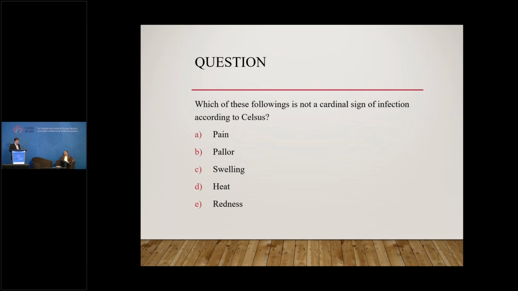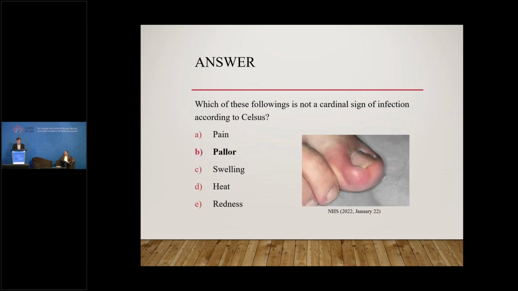Okay, if you had the time to look at it, you don't have to raise your hand or anything. As you can see here, the proper answer is pallor, and we see on the right of the slide some of the signs of inflammation in the ingrown toenail.